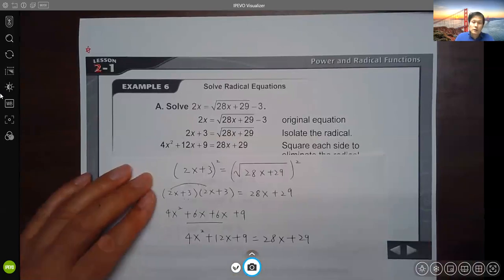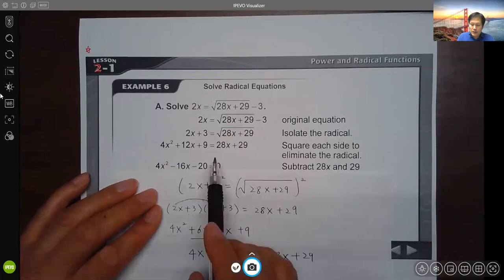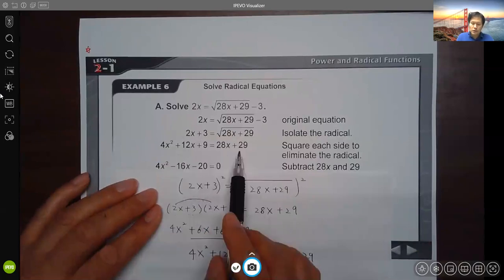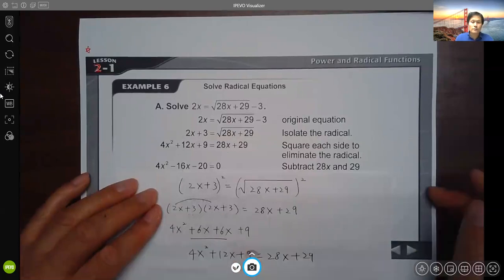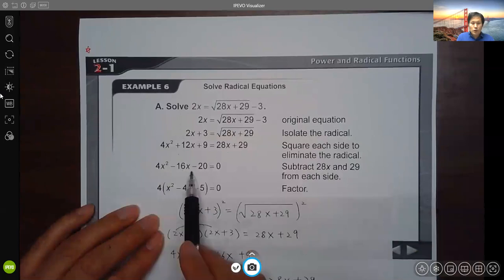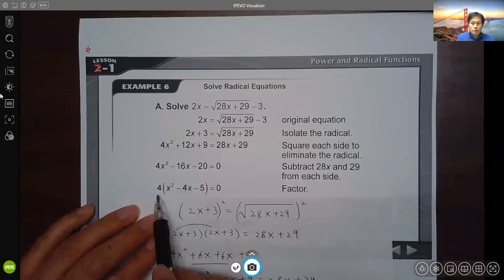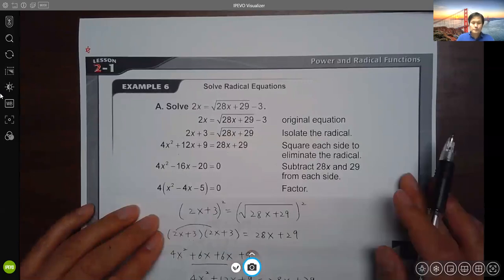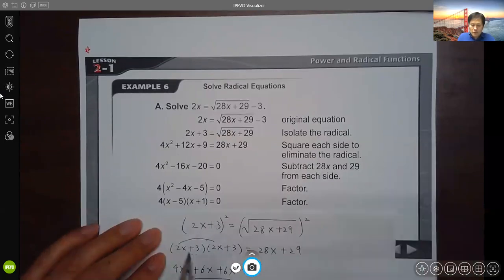Then what? They moved everything to the left-hand side. So minus 28x, minus 29, they moved everything to the left. Then what? So 4, 16, 20, they factored out 4 from each to make it simpler. So they factored the 4 out and they did the factoring there.